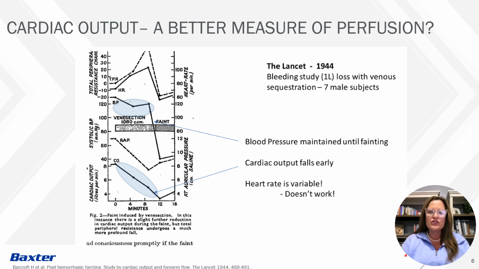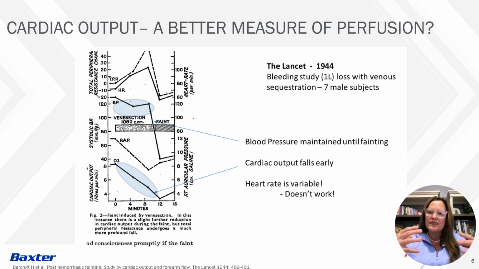Now, the challenge with that is if you're just looking at blood pressure, that patient may look fine when they're not fine, right? Because compensatory mechanisms work to where we can maintain pressures for a period of time until we're not okay. For instance, when these gentlemen passed out.